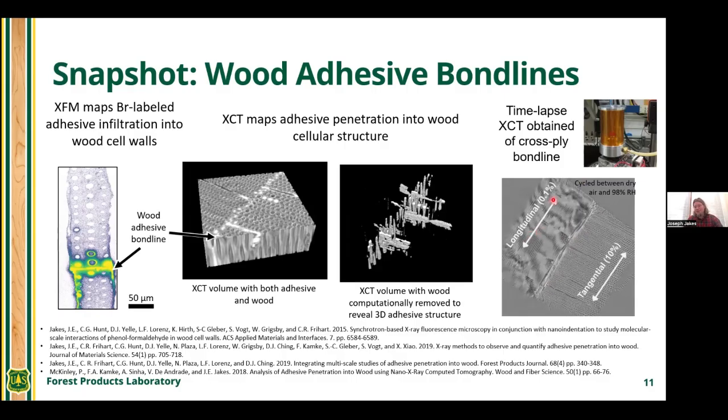We have the longitudinal direction that hardly swells at all, whereas the tangential swell is about 10%. And you can see that as you cycle between dry air and 98% relative humidity, you're able to see how the wood bond line swells and shrinks. And you can see you've got these micro cracks forming in the bond line.